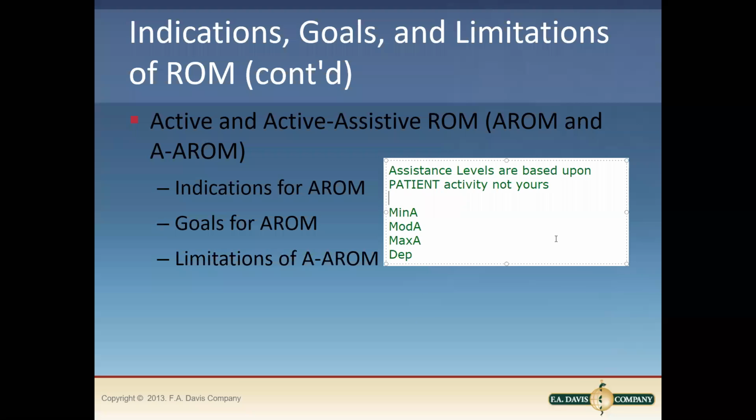So when I say that a patient is a min assist, they are doing most of the work. I'm only minimally assisting them. When I say they're mod assist, we're doing about half and half, right? And when we're doing max, that's when I'm doing most of the work. And when I'm dependent, the patient's not doing anything anyway. That wouldn't be part of active assist. Does anyone know the approximate percentage for these?